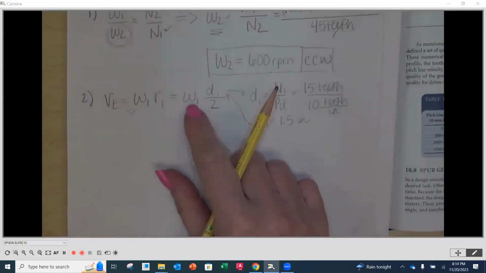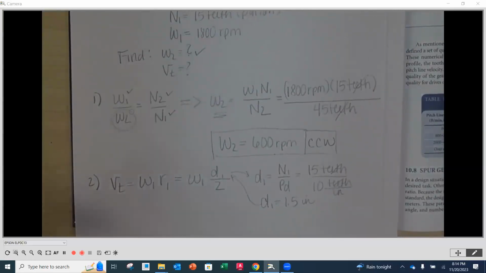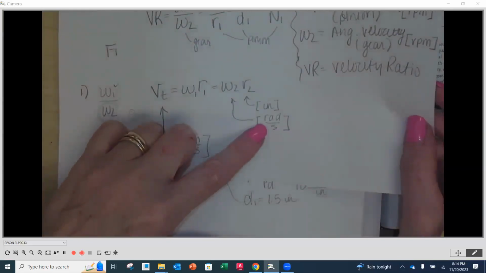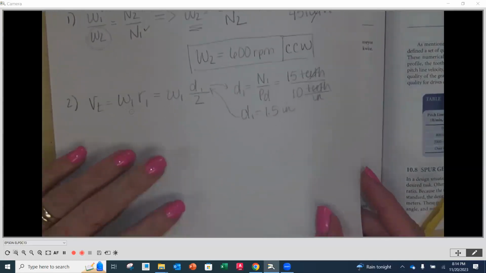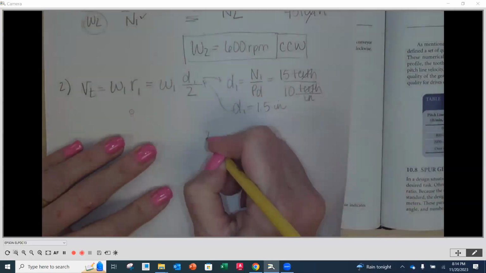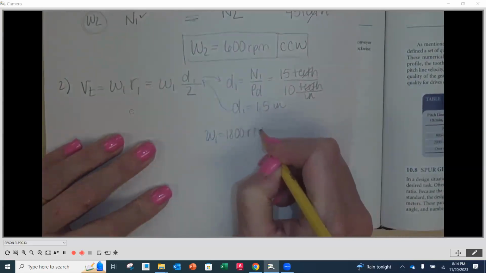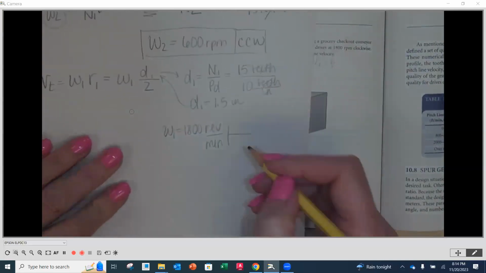But what about W1? We know that it's 1800 RPMs, but in this equation, we can't use RPMs, can we? We have to change it to radians per second. So we need to convert our W1, which is 1800 revolutions per minute, into radians per second.